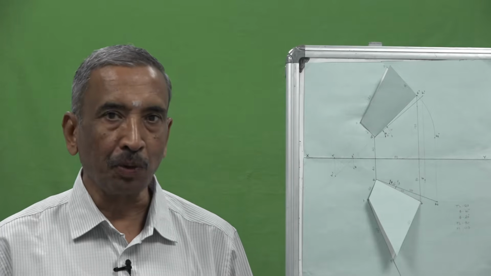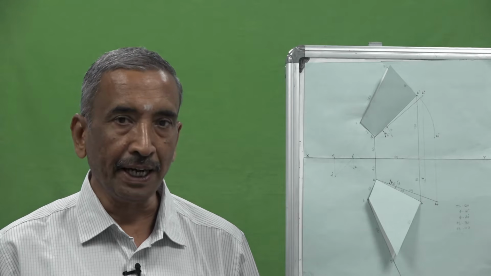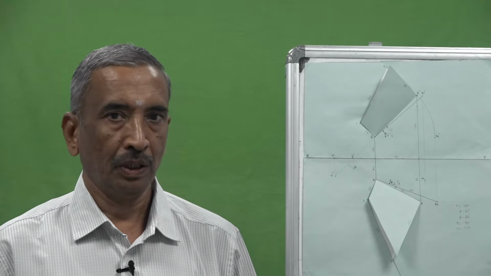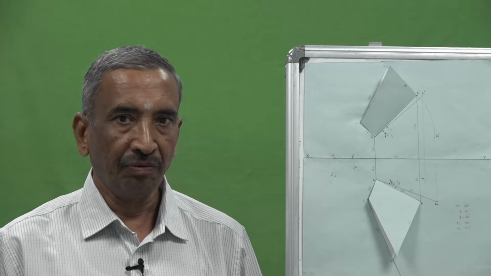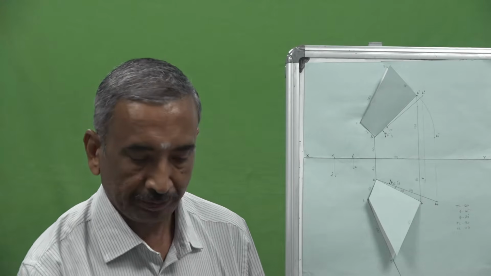Today we will be solving a problem on projection of line which is inclined to both HP as well as VP. So the problem statement we have seen, we have two end projectors.